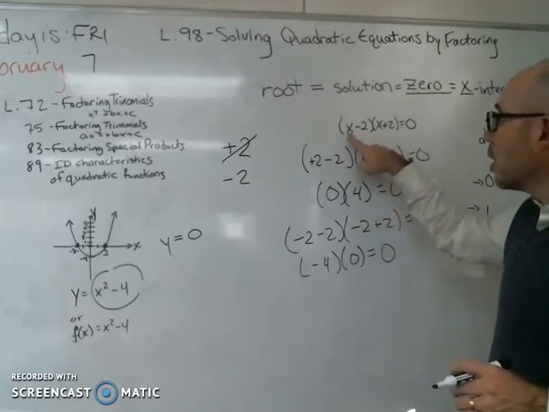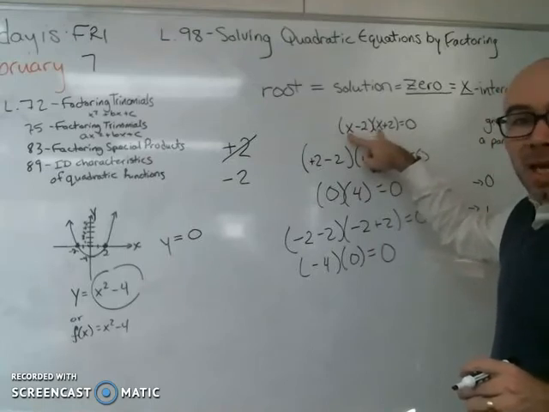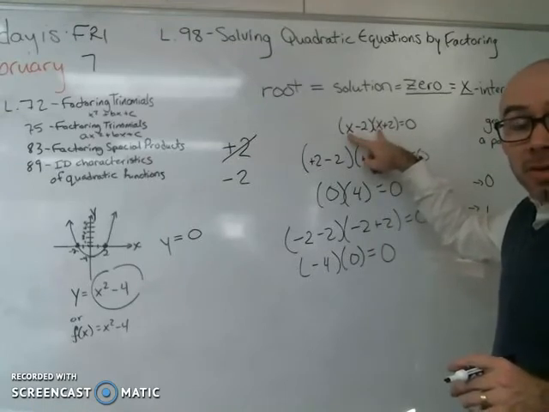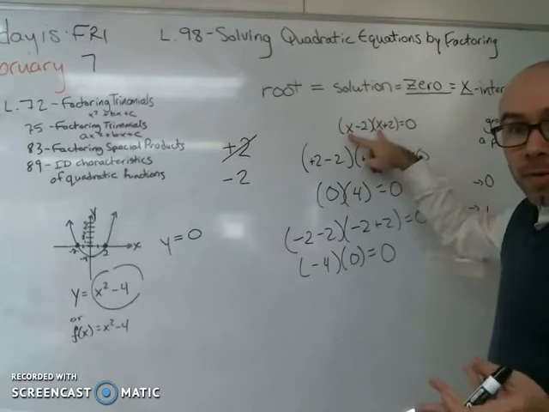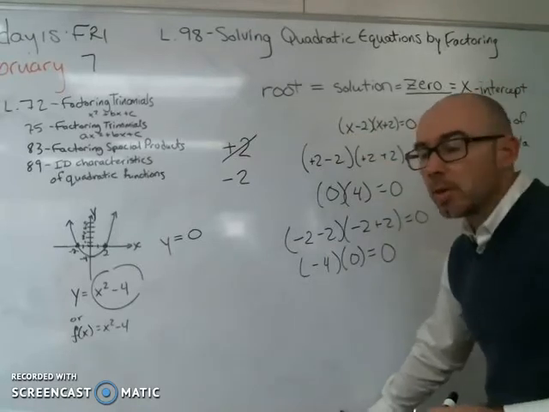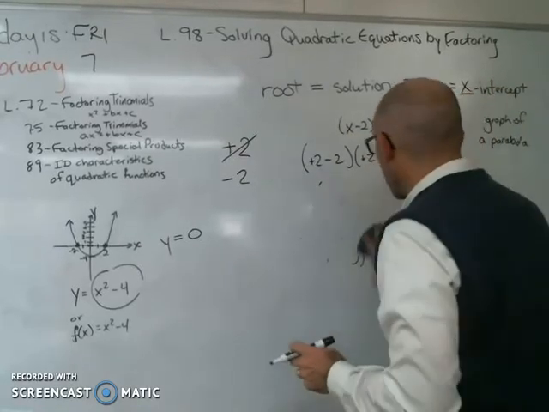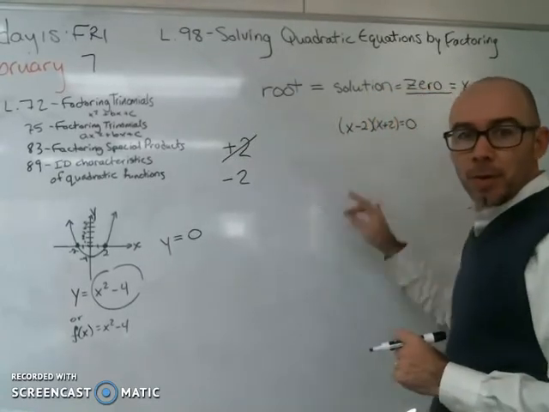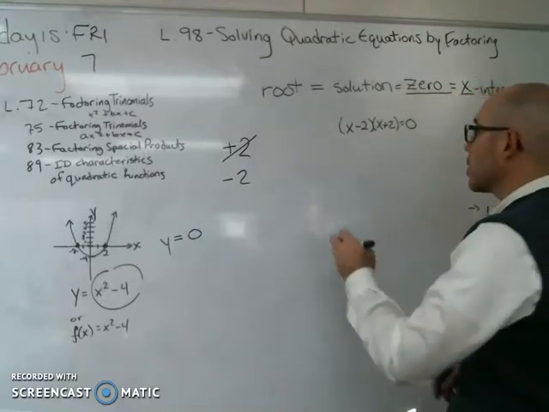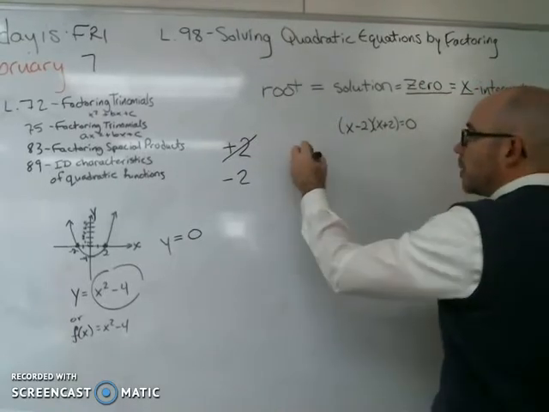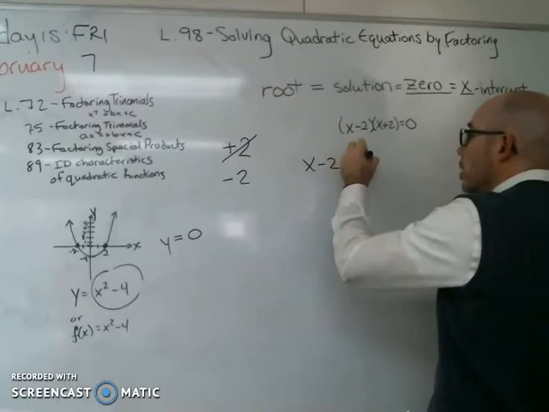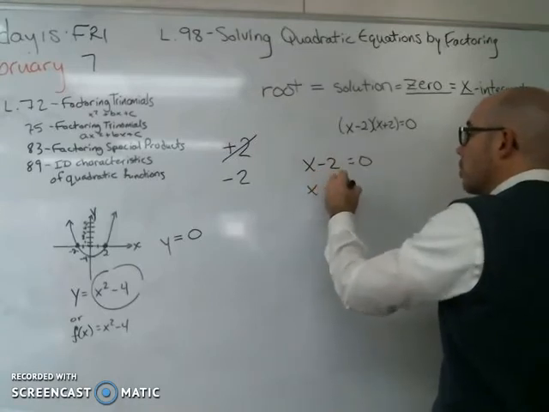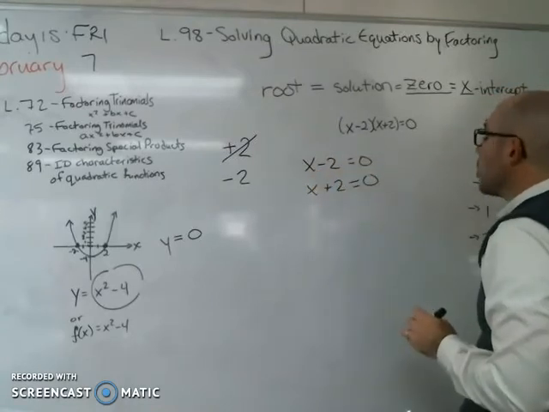We're looking for the values that would make either of these equal to 0 because both of those products equal 0. So we back up here again. And if we can factor x squared minus 4 into two pieces like this, we then split this up into two mini problems. We're looking for the solutions, or the zeros here.